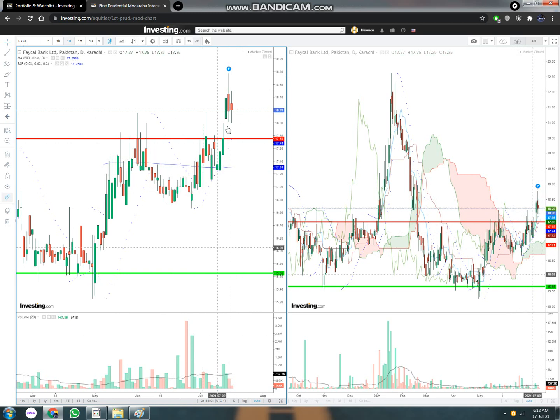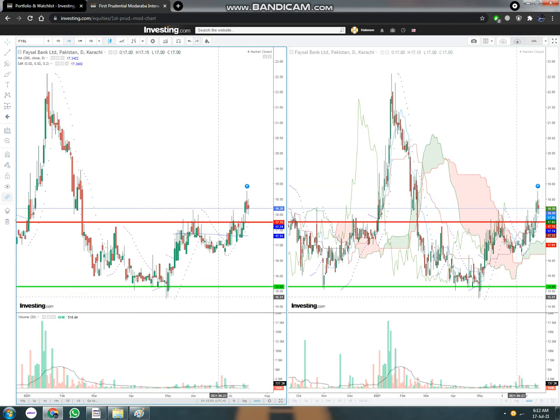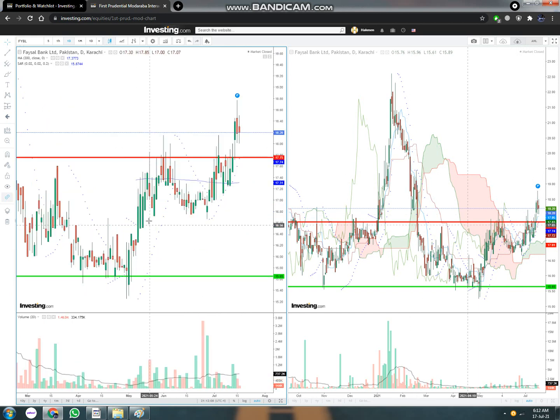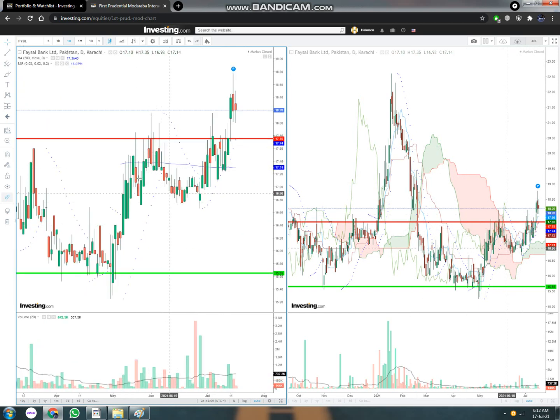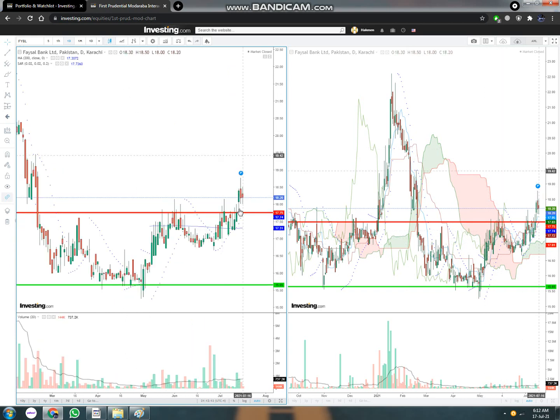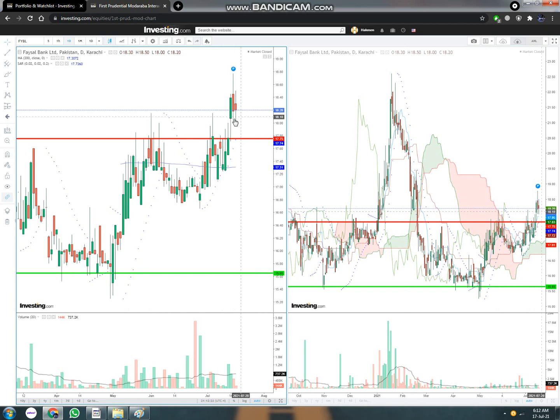Now I bought this stock, particularly this stock, at this point. You can see how far it came below, and then I bought the stock at points like these. So my overall buying price in this case is 18.16, and it has now closed at 18.20.